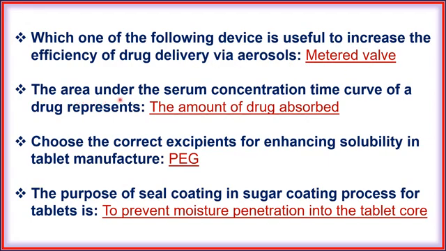Next, the area under the serum concentration time curve of a drug represent the amount of drug absorbed. Next, choose the correct excipient for enhancing solubility in tablet manufacture, PEG. Next, the purpose of seal coating in sugar coating process for tablet is to prevent moisture penetration into the tablet core.